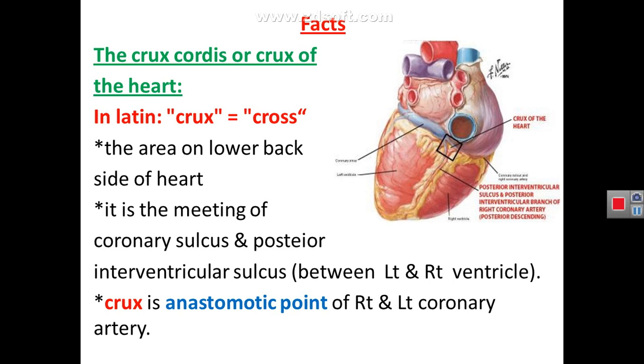And this point, the crux, derived from the Latin word crus, is considered as the region where the left coronary artery anastomoses with the right coronary artery, at the crux cordis.